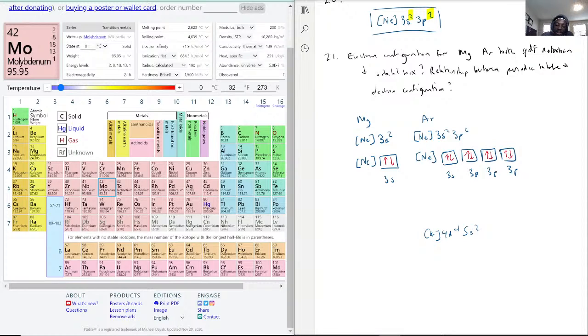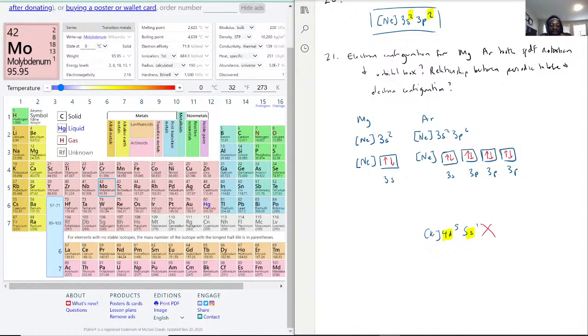Technically, this one might actually be 4d5 5s1, but that's later on, when you learn about the specific things they do to keep their energy levels good. But the point is that you have a D shell and an S shell, but no P shell. That is how you know that for this electron configuration, it's going to be in the transition metals section.